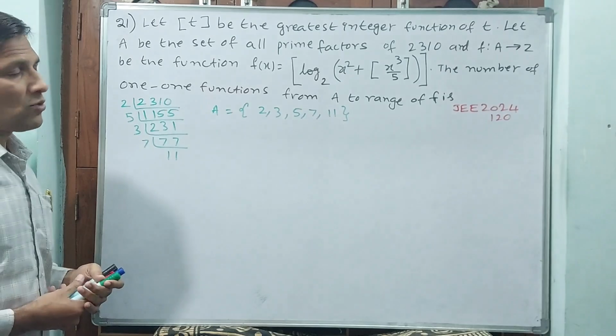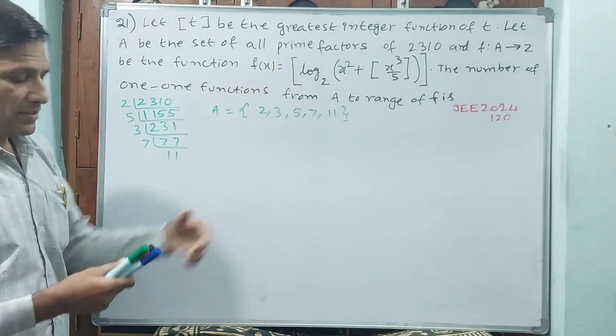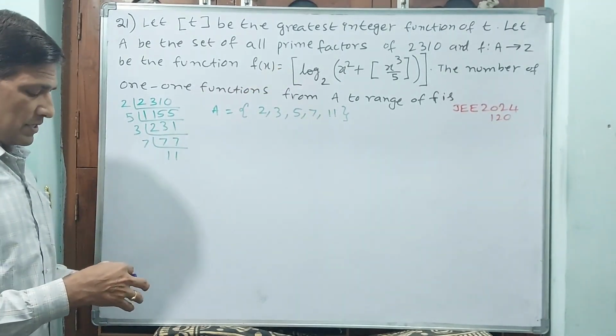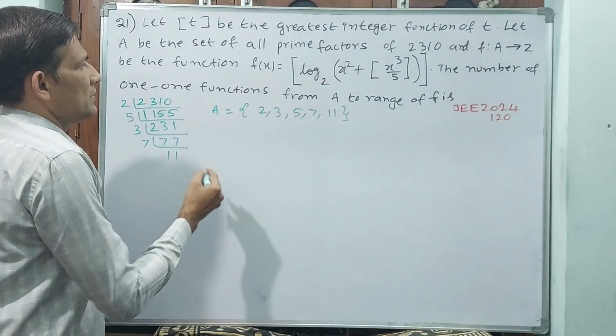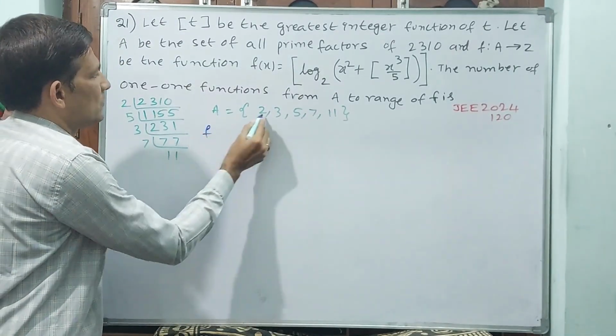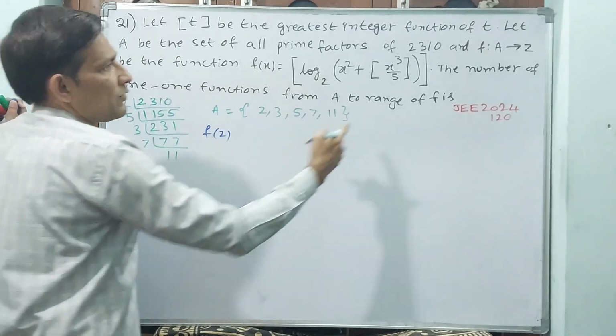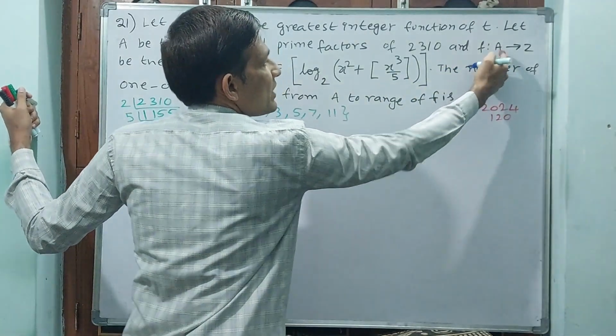Now see, range you have to find. Each one you submit in this, but very carefully you have to do this here. See, f of 2. Because you have to give inputs from A only.